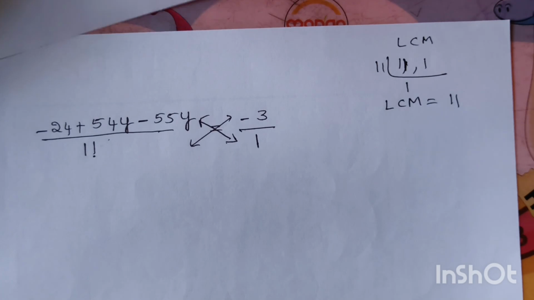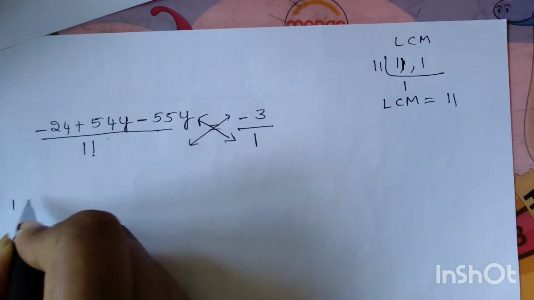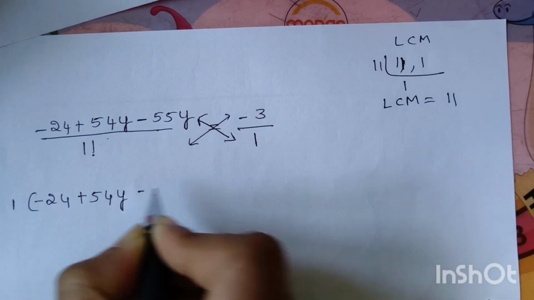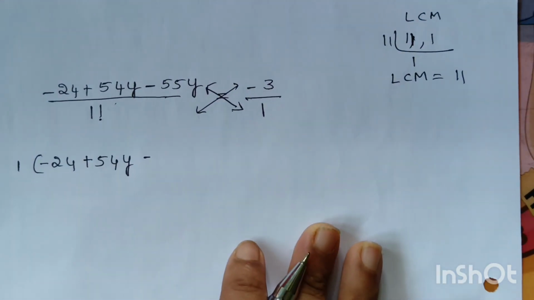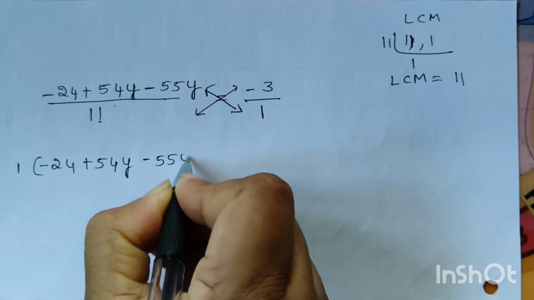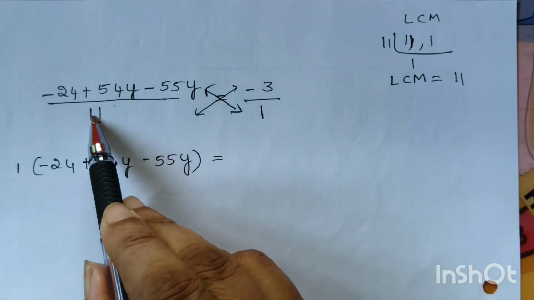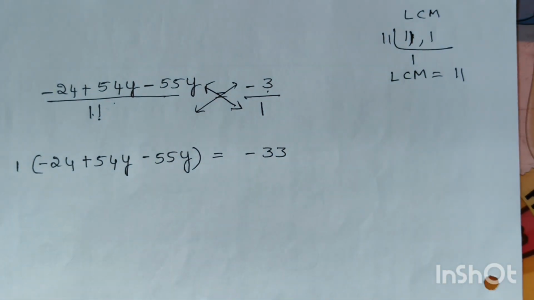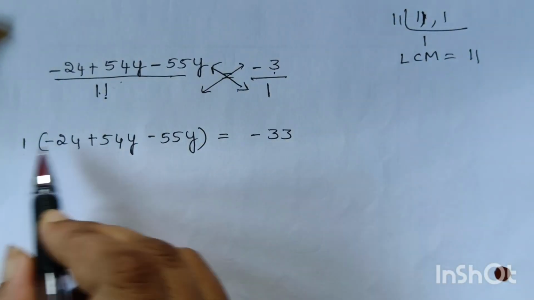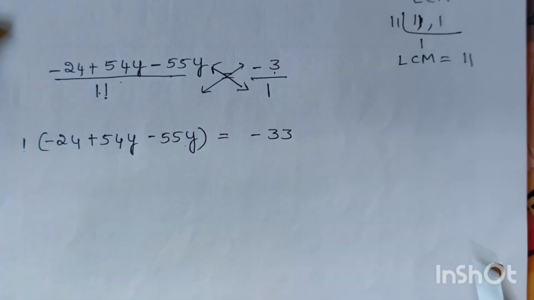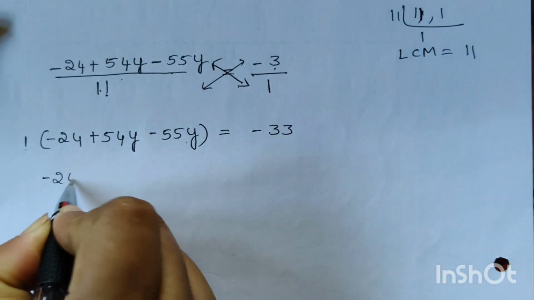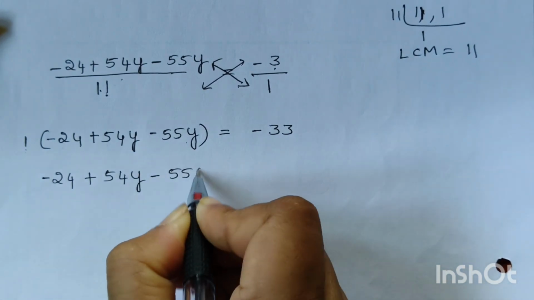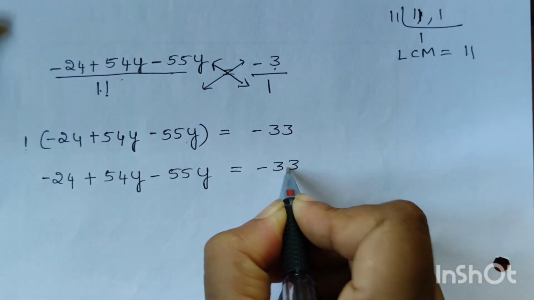That is 1 into minus 24 plus 54y minus 55y is equal to 11 into minus 3, which is minus 33. 1 into this one, we get the same answer, that is minus 24 plus 54y minus 55y is equal to minus 33.